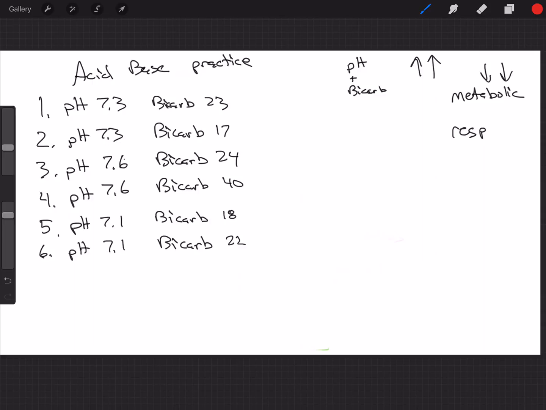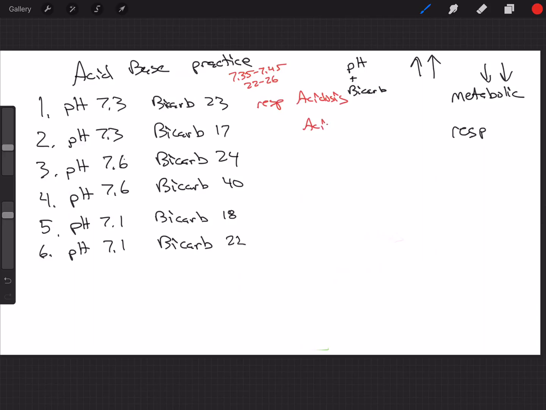Let's write our reference values. Remember, pH is 7.35 to 7.45, and the bicarb is 22 to 26. So in this case, pH is low, bicarb is normal. They did not move together, so this is respiratory acidosis.